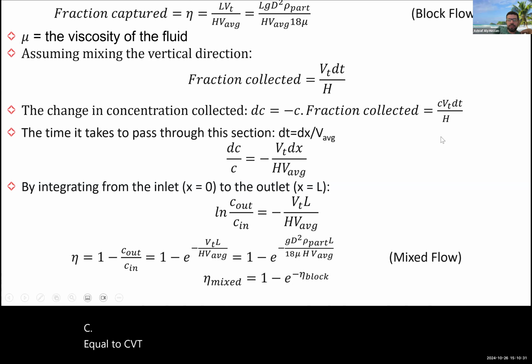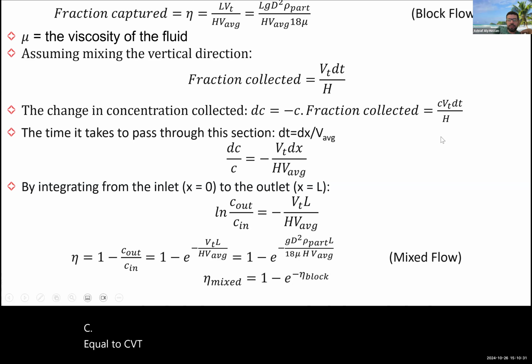If we substitute, we get dC over C is equal to negative Vt dx over H V average. If we integrate this, we get ln of C out over C in is equal to negative Vt L over H V average. So this is your final rule for mixed flow.